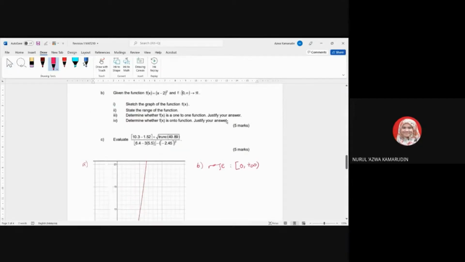Okay, and then, is this a one-to-one function? For a one-to-one function, you make sure one object, one image.